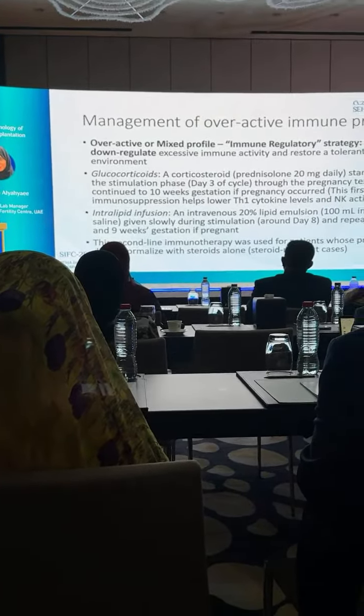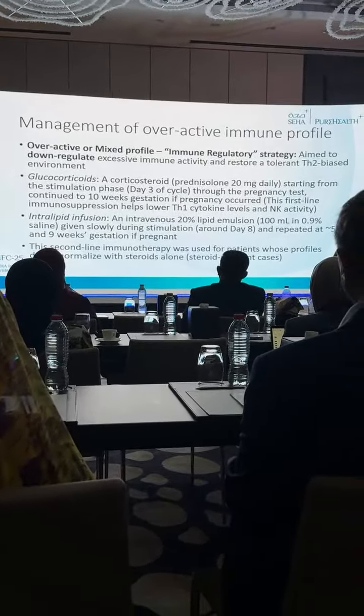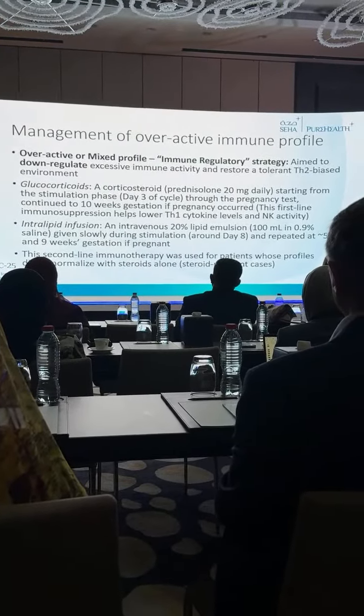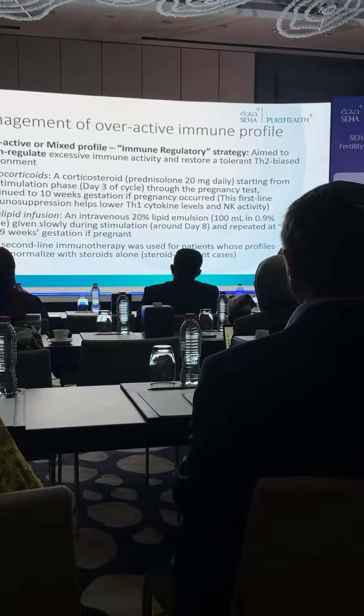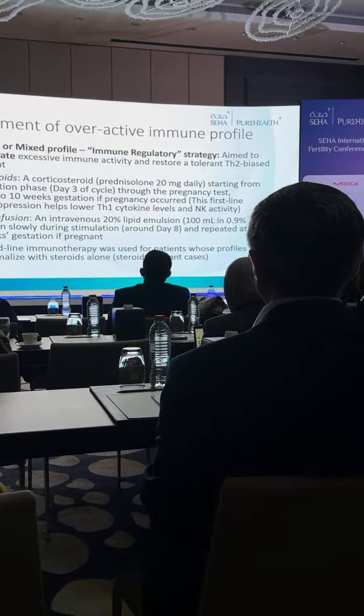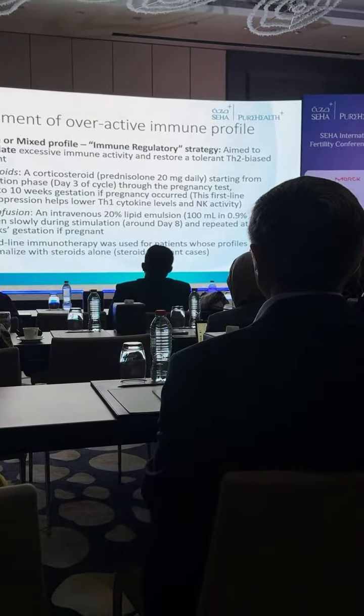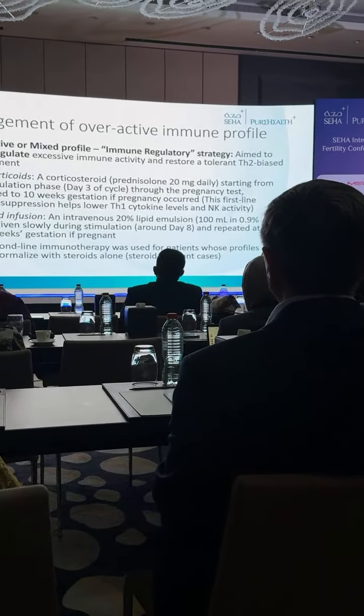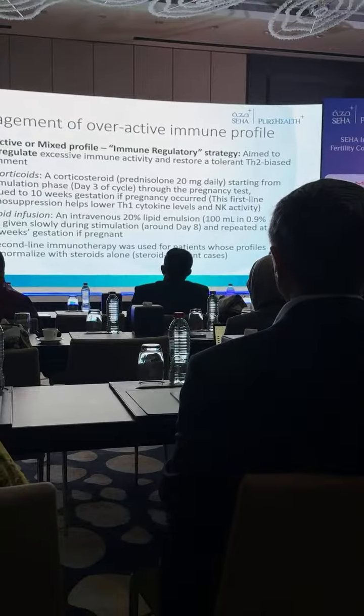In the overactive immune profile, the strategy for the intervention was using glucocorticoids and intralipid infusion. But they first administered the glucocorticoids, and if that was not effective, they went to the intralipid infusion.